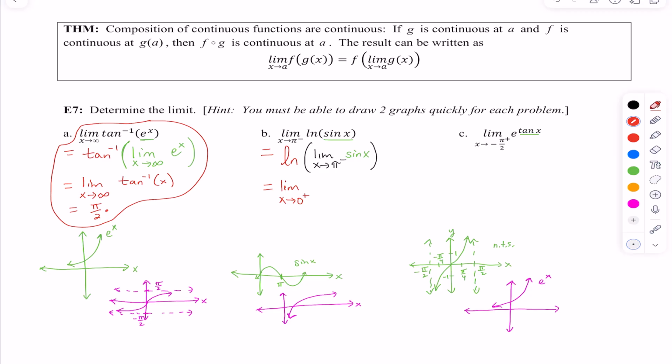And what are we going to evaluate next? It's actually the natural log function. As x approaches 0 from the right, where do the corresponding natural log values go? They're going to negative infinity.